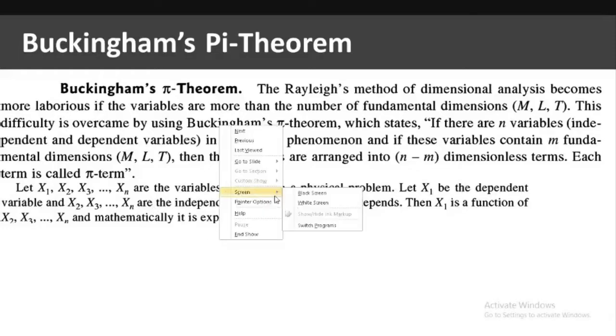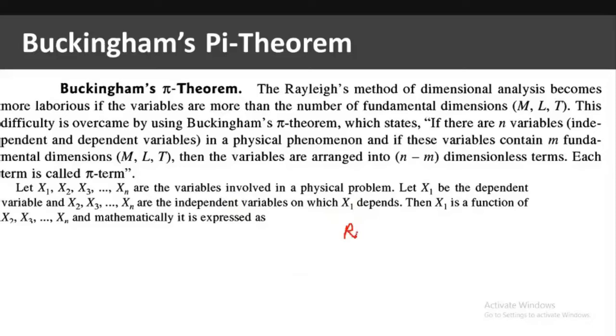For example, for the case of Reynolds number, what is Reynolds number? Rho Vd upon mu. So we can say Reynolds number is a function of mass density, velocity, diameter and viscosity. Now any one of these properties you can call the dependent property, for example velocity. Now velocity will depend on viscosity. If viscosity changes, suppose water is flowing then velocity will be higher, if oil is flowing then velocity will be lower. Again, velocity will depend on diameter also, and velocity will depend on mass density also.